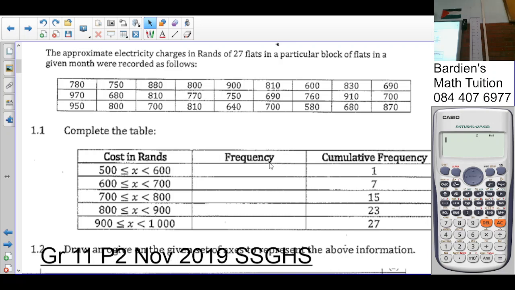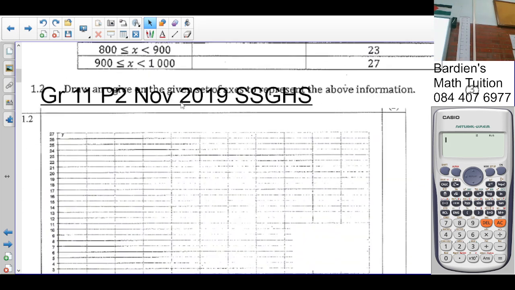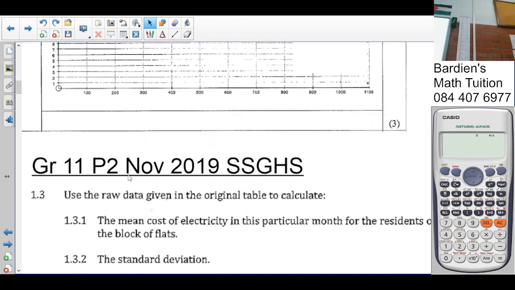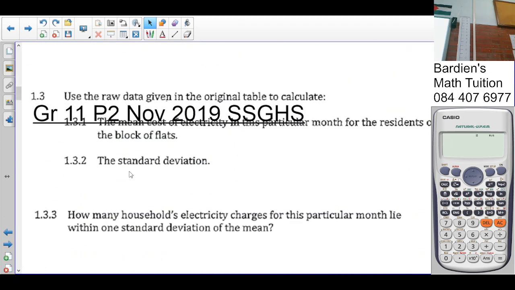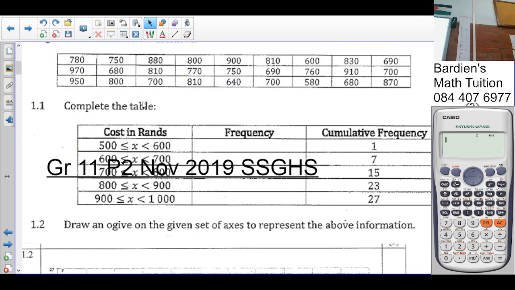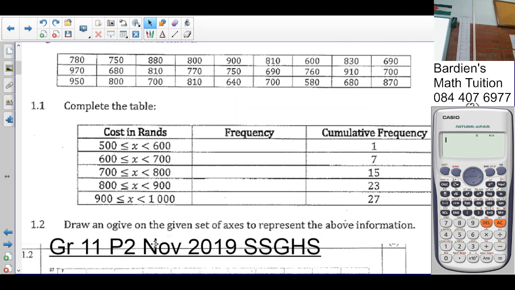No. So let's just check if they ask you for mean and things like that, mean, range, we actually need the numbers in order. Let's just check the ogive, standard deviation. Okay. So the first question says, complete the table. So we're going to complete the table.